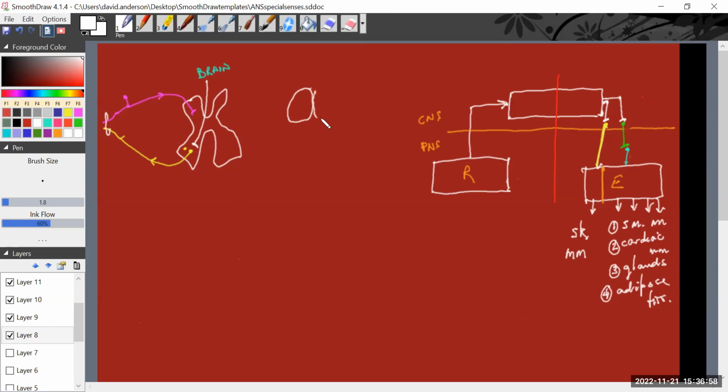So what we're doing here is we're looking at the brain in an anterior view. So from the primary motor cortex, we've got a neuron that's going to descend from, if this is our right cerebral hemisphere, it's going to cross over in the medulla oblongata, and it's going to travel down the spinal cord to synapse on the neuron that's in the spinal cord, and that neuron travels out and finishes on skeletal muscle.